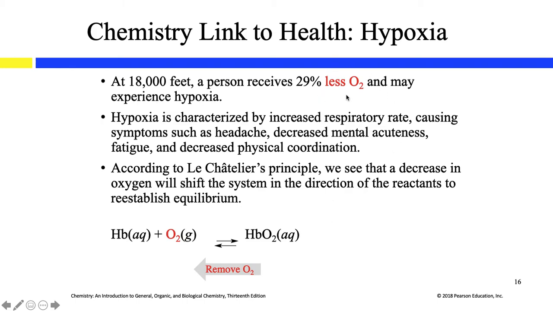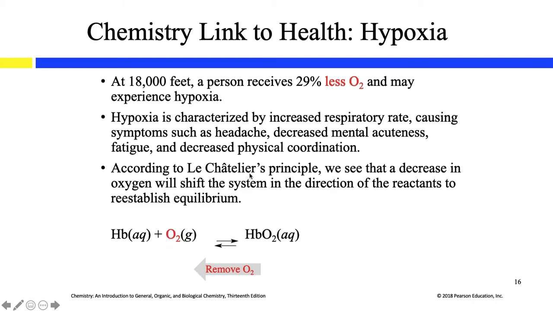Why is that? Let's talk about it. Well, here's our old friend Le Chatelier and his principle. Here's our equilibrium we talked about in the previous slide. We have hemoglobin binding to oxygen to form oxyhemoglobin. At higher elevation, you have less oxygen, which means you have removed some of your reactant.